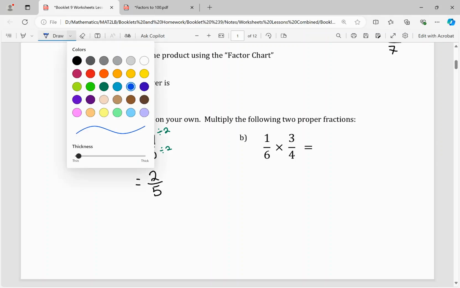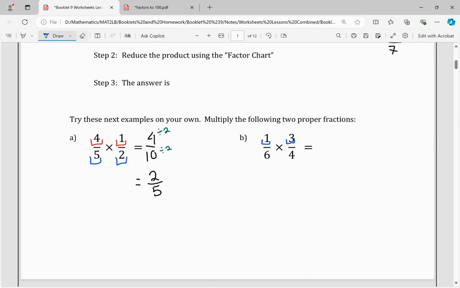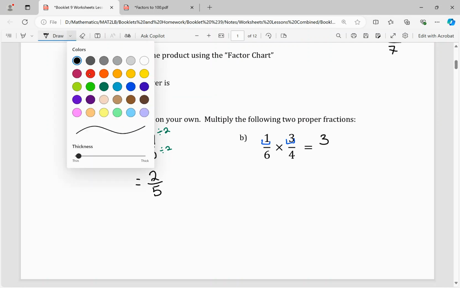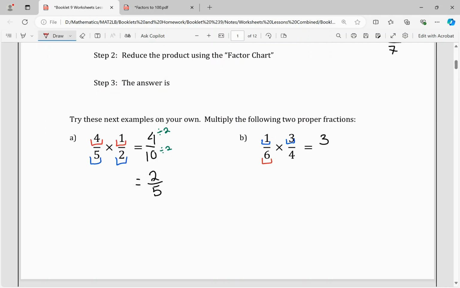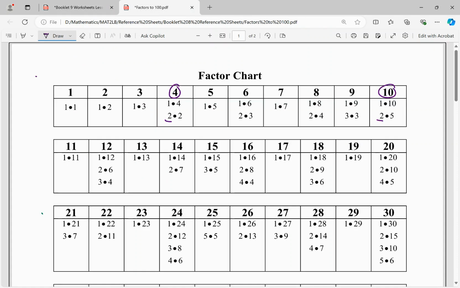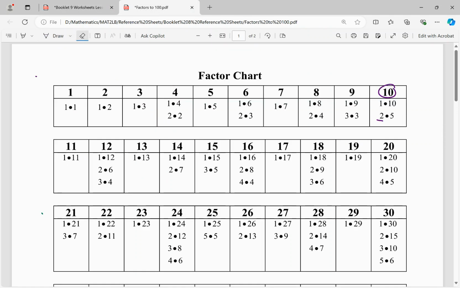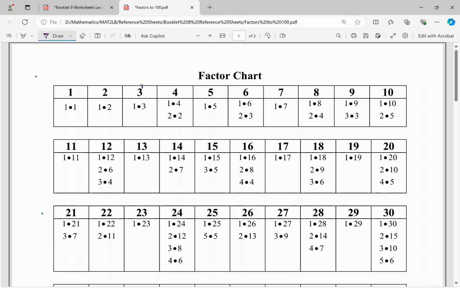Final question. 1 over 6 times 3 over 4. 1 times 3 gives me 3, and 6 times 4 gives me 6, 12, 18, 24. So I have 3 over 24. I check to see that I can simplify. Here is 3. Here is 24.